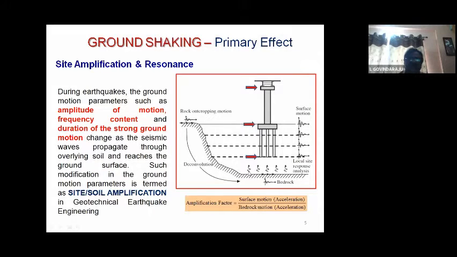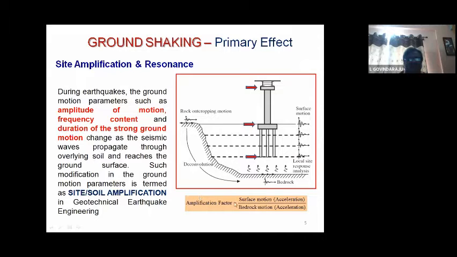Sometimes it will remain the same. Sometimes it will be manifold. Suppose the acceleration amplitude is x, here it is some 2 times x, 3 times x. So you just say surface motion, which is nothing but acceleration or velocity or displacement, whatever the identified term may be, and the bedrock motion, this ratio you will get is what is known as the amplification factor.